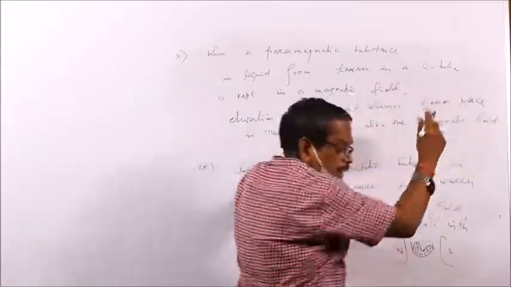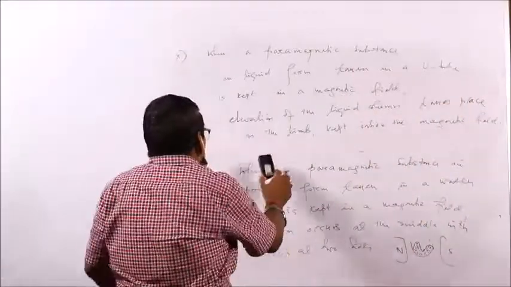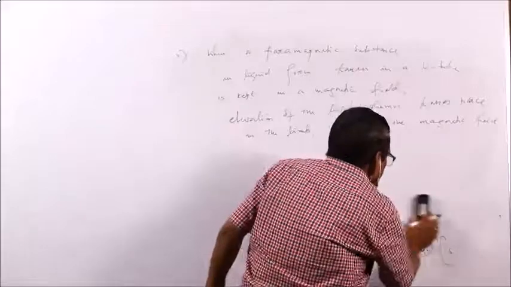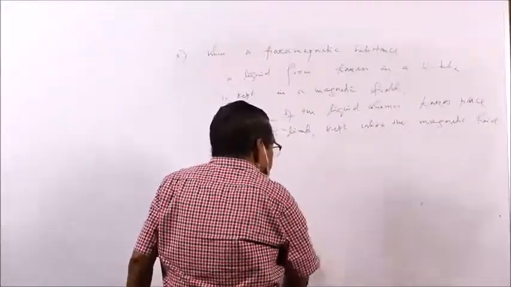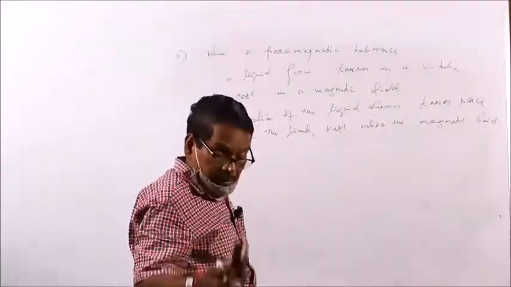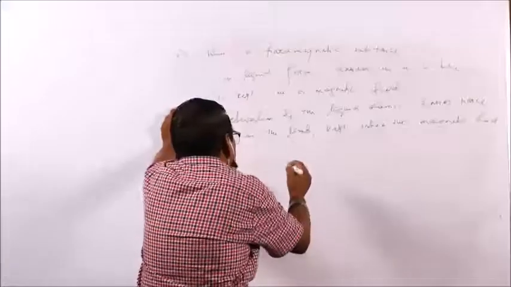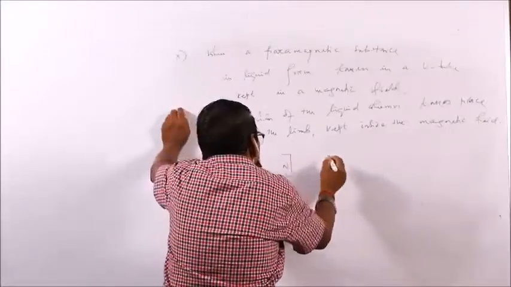In diamagnetic substance, it was depressed. Here, the liquid column will be elevated because it is attracted like this.